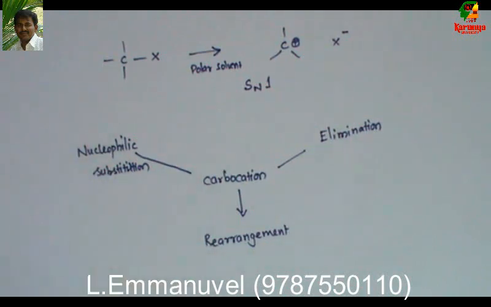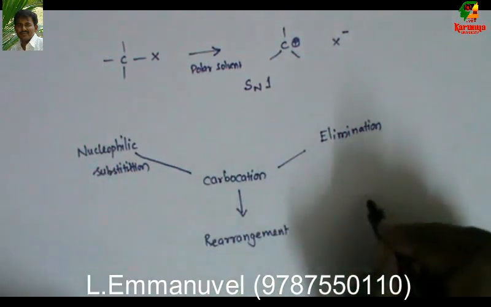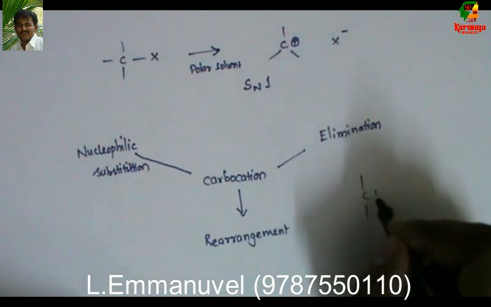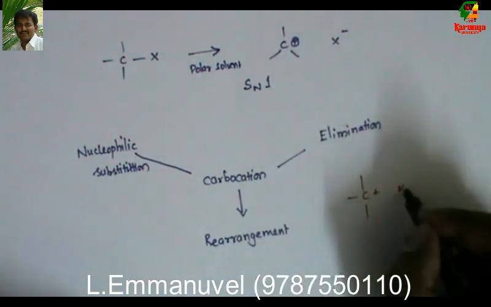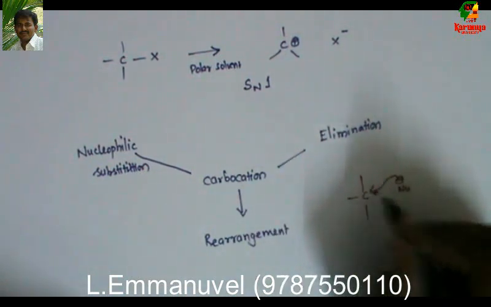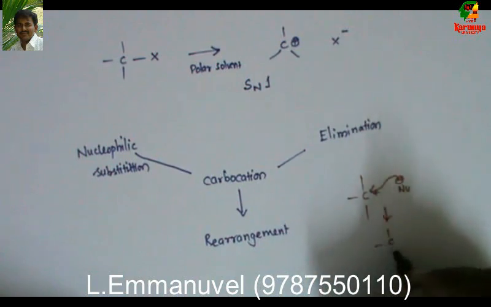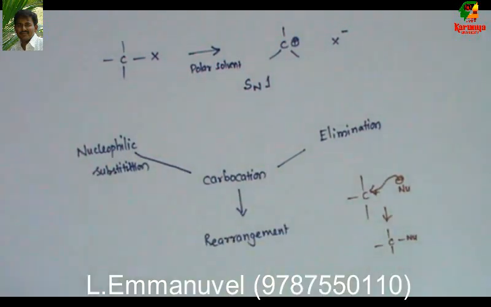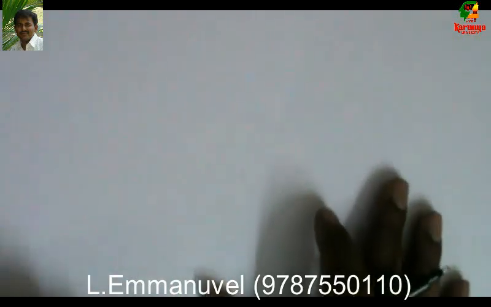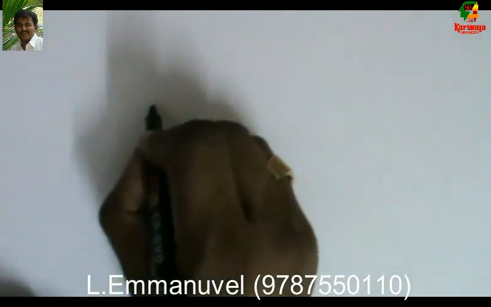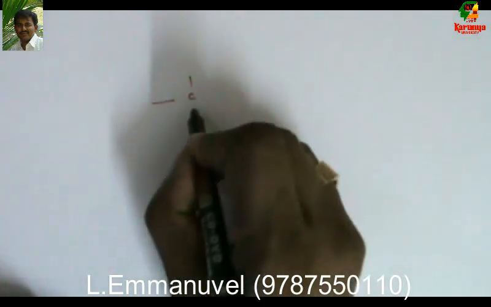First one, nucleophilic substitution. That is the regular one. The carbocation, whatever we have, will be attacked by a nucleophile to give the product. This is the simplest reaction. The other pathway is elimination. I go like this.